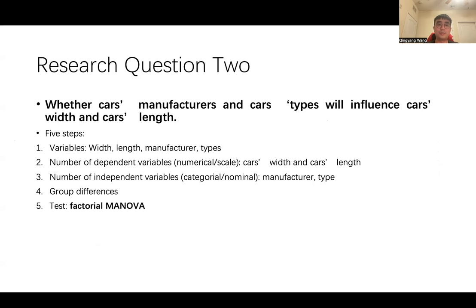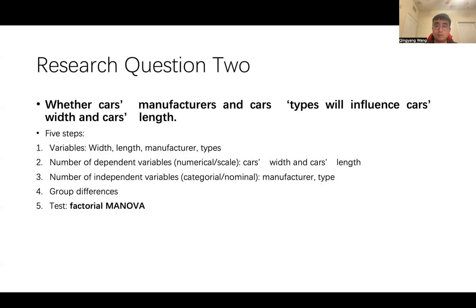Okay, let's move on to my next research question: whether car manufacturers and car types will influence car widths and car lengths. My 5 steps: first, my variables are widths, lengths, manufacturers, and types. The second step is that the dependent variables are car width and car length.